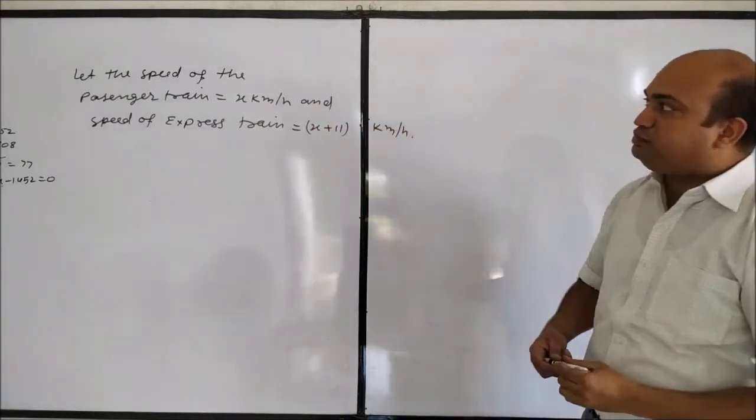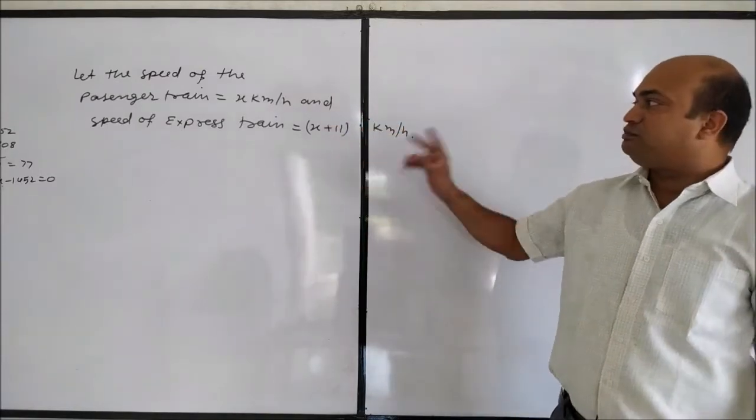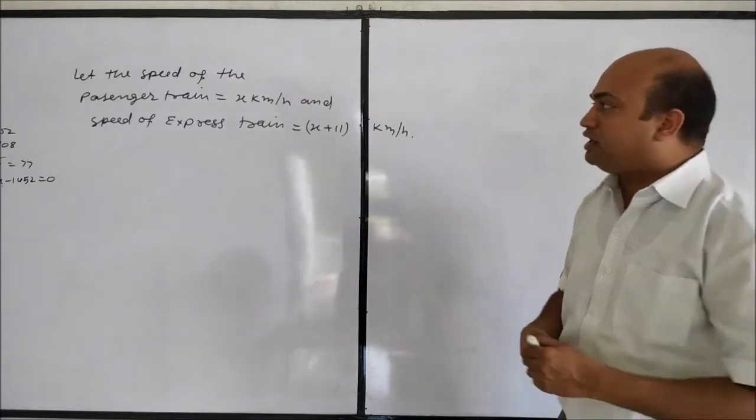We consider speed of the passenger train as x km per hour and speed of the express train we consider x plus 11 km per hour.